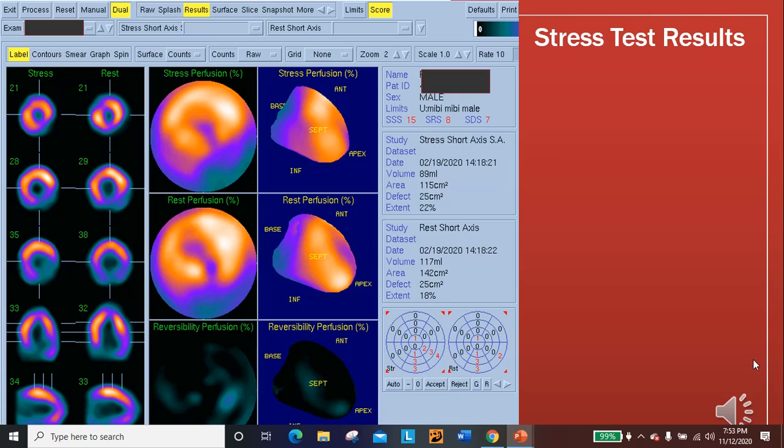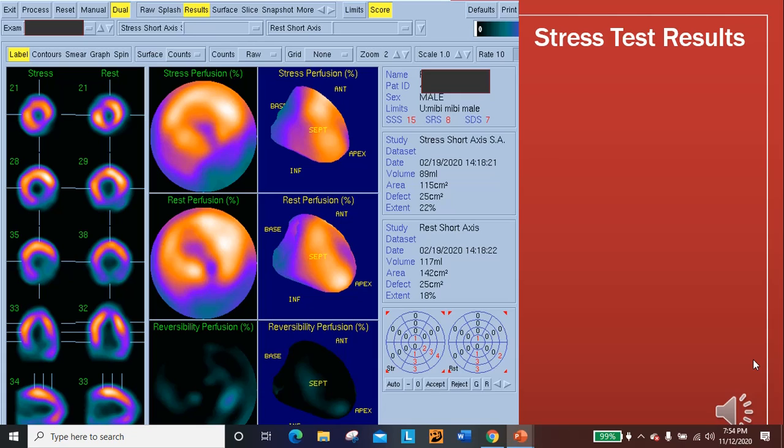So based on that, you see that in the rest and stress, you are seeing some of the different scores. Now, these scores can be summed up for the items on the screen labeled SSS, SRS, and SDS. SSS would be the summed stress score, so that's a combination of the scores on the stress test, and the SRS is going to be the summed scores of the resting part of the test.